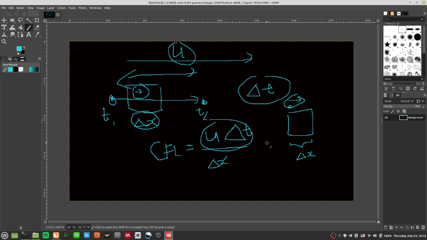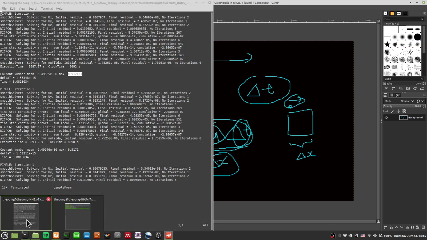It's saying that, because time step and delta x are constant, one of these cells has a velocity so big compared to the surrounding cells that you have this gigantic Courant number. And not only that, with every time step, this velocity is getting bigger.